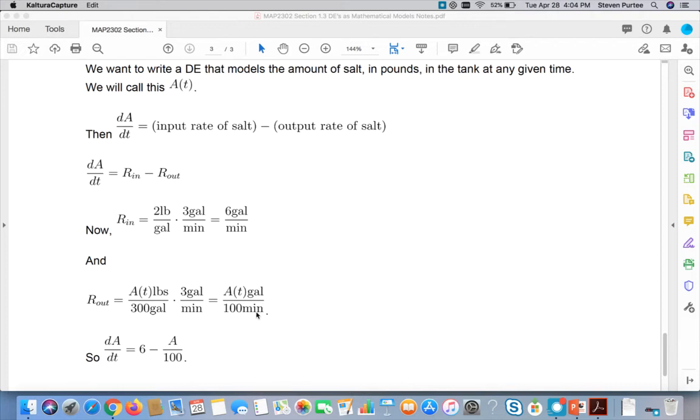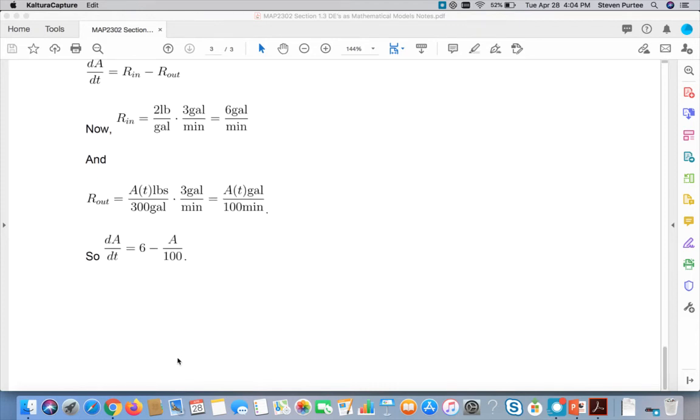This should say pounds per minute. So salt is flowing out at a rate of the amount of salt you have at a particular moment divided by 100 pounds per minute. Then our DE is dA/dt is R_in minus R_out, 6 minus A over 100.